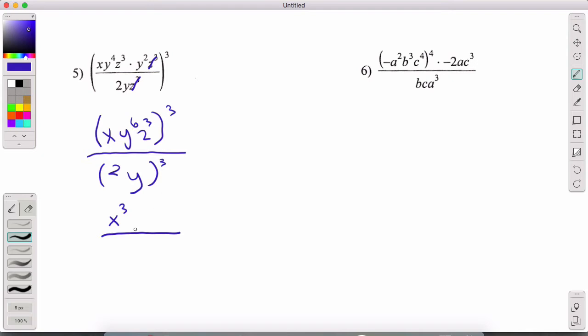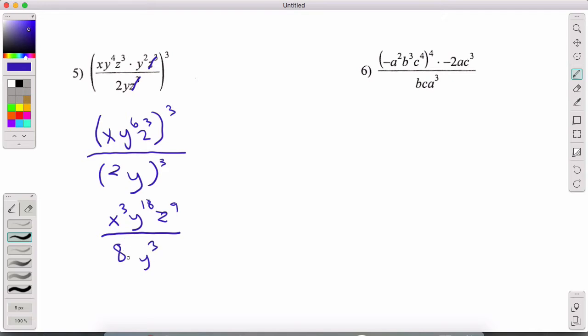Six times 3 is 18 for the y's. Z's, 3 times 3 is 9. Denominator, 2 to the third power, 8. Y to the third power is y^3.